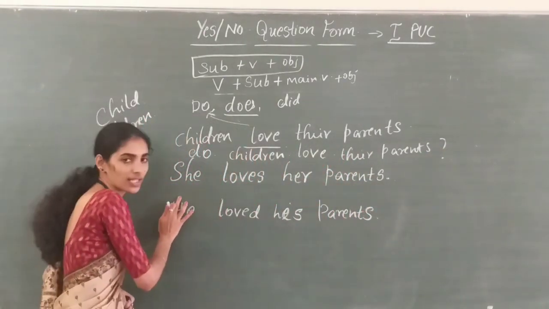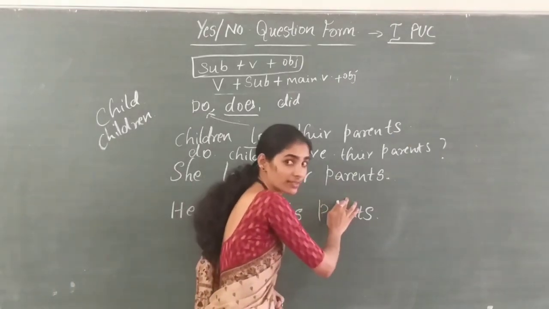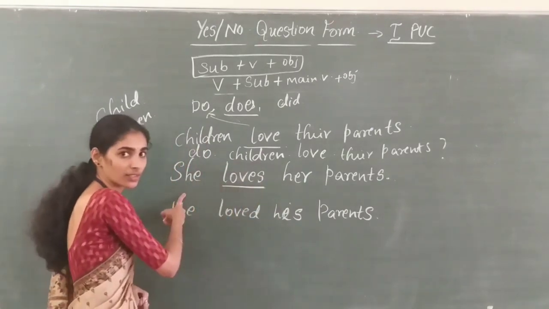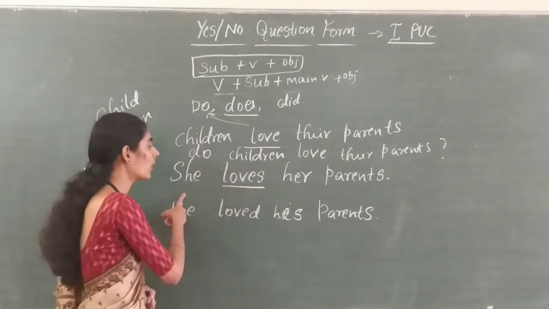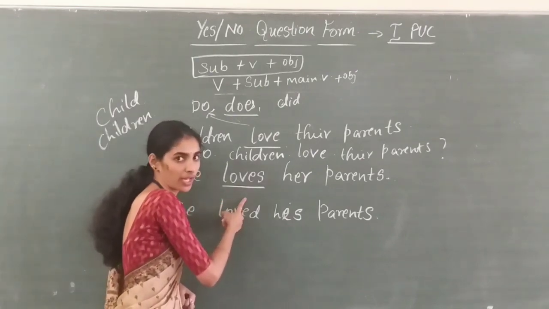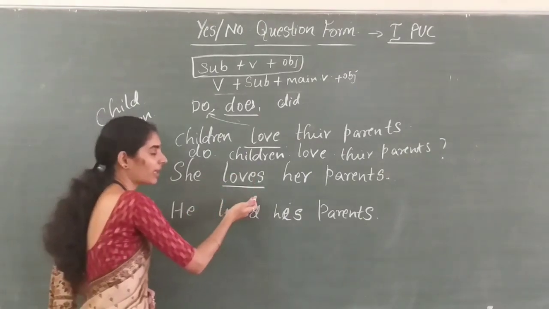Look at the next sentence here. She loves her parents. Now I have written loves. Why? She, third person. So whenever we talk about third person or a singular subject, then the verb takes the s form, right? The main verb or action verb takes the s form. So that is why it has become loves here.